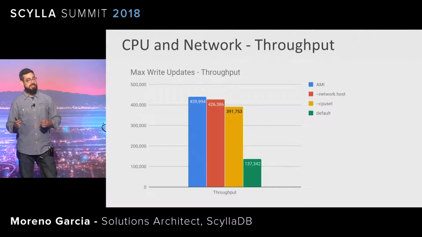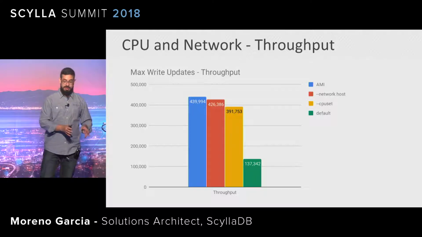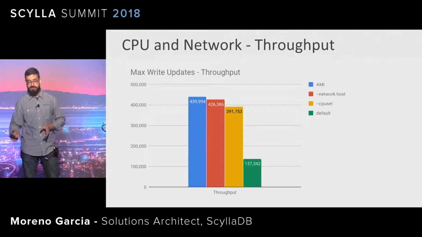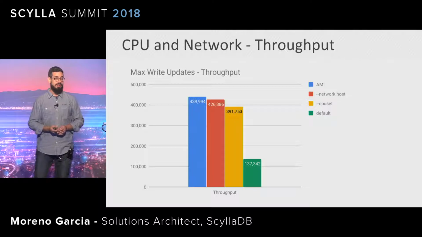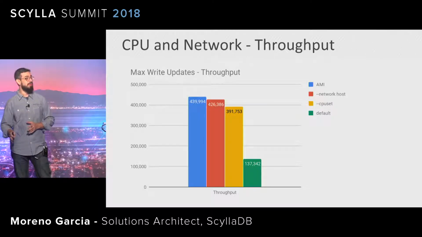So by just pinning the CPUs on Docker, we got rid of this. And you can see it's a huge difference. We went from 137 IOPS to 391. So we get most of the performance just by using CPU pinning.